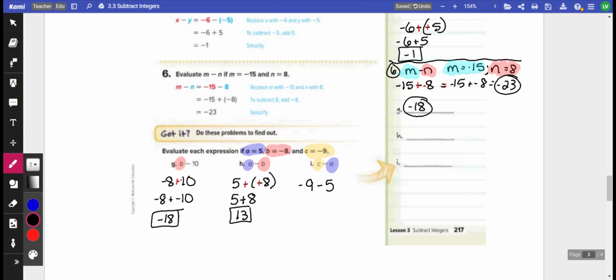Since there's subtraction, I'm going to add and make it into a negative 5. So negative 9 plus negative 5, well, they're both negative, so it'll be a larger negative. That becomes a negative 14. So G was negative 18, H was 13, and I is negative 14.